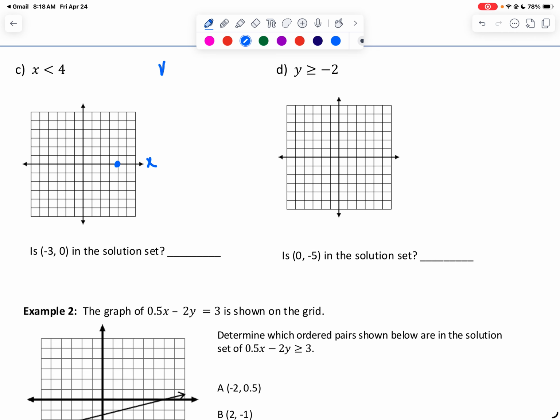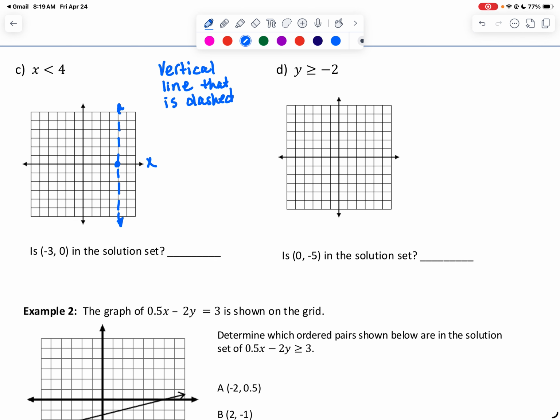If it begins with x and only an x, it's going to be a vertical line that is dashed. So if I want to draw a vertical line through x equals 4, it's going to look like this.